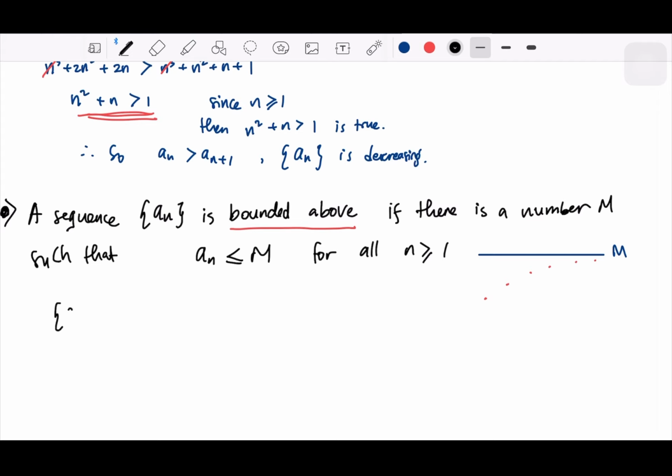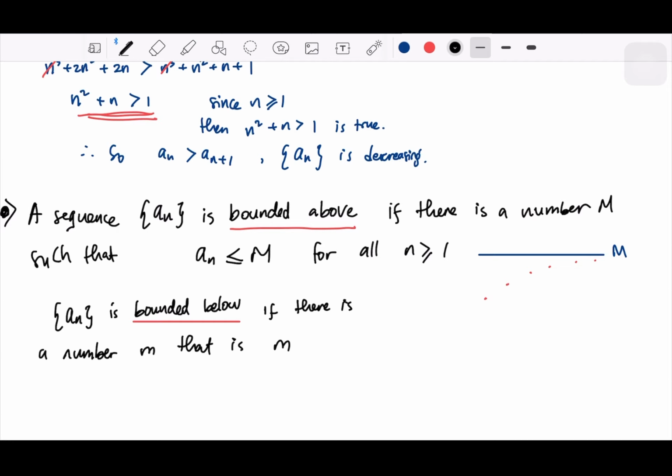And the other one, of course, is bounded below, if there is a number, let me write with small m, number m, that is always less than or equal to an for all n.